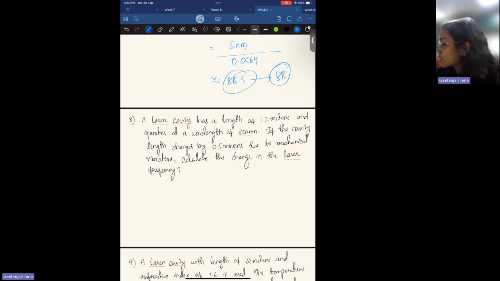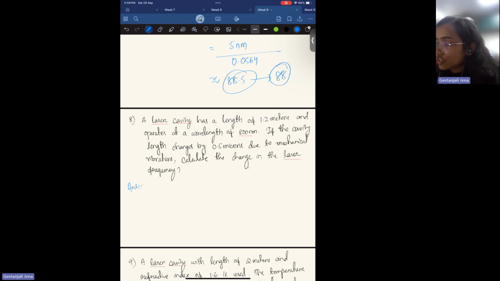So the next problem says, a laser cavity has a length of 1.2 meter and operates at a wavelength of 800 nanometer. If the cavity length changes by 0.5 micron due to mechanical vibration, then calculate the change in the laser frequency.